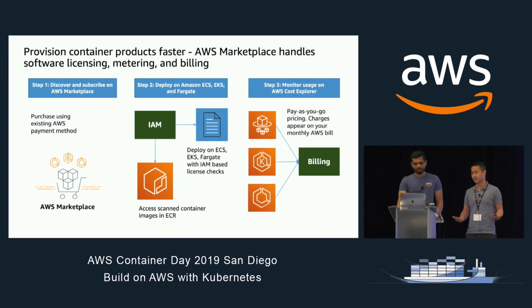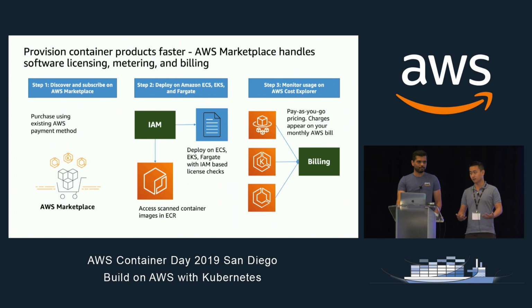So how do you get started? Three simple steps. First, you go to the Marketplace website, look through the products that support container-based deployments. You subscribe, and then your AWS account gets access to the images that are stored on a secure private ECR repo. And then you use those same credentials to get the container products started.